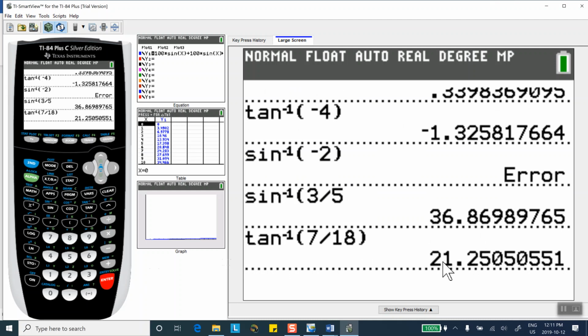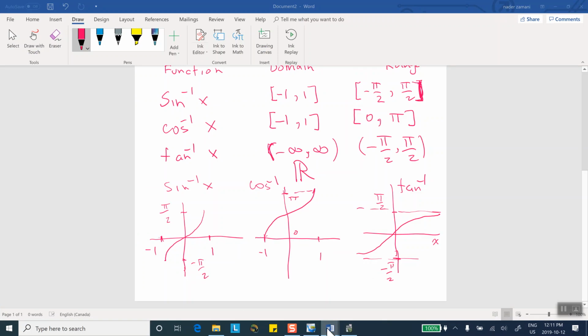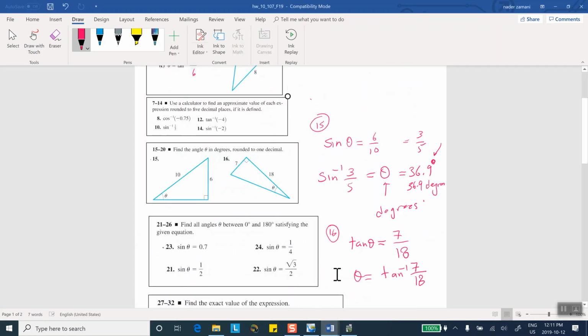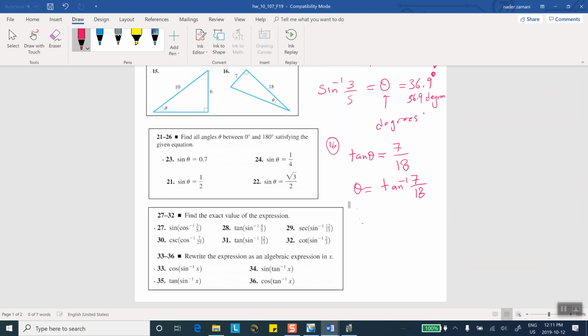Rounded to 1 decimal digit, it's going to be 21.2 degrees. So this is equal to 21.2 degrees.